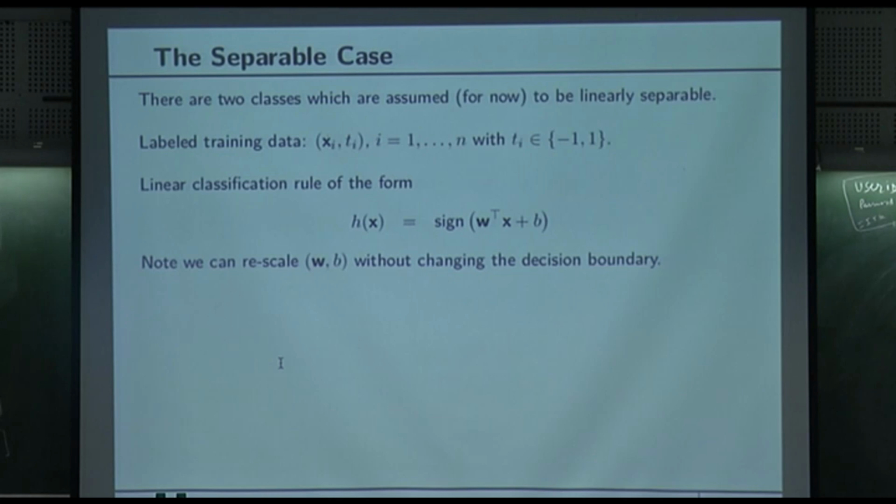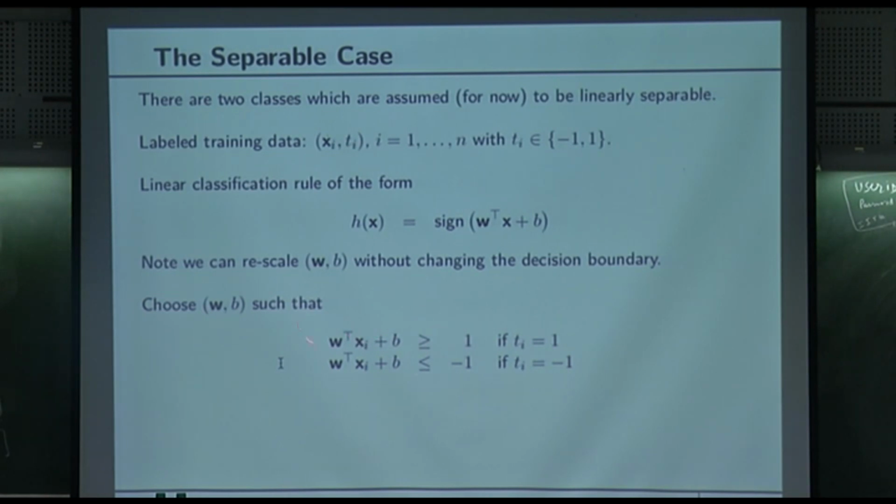So I'm going to choose a W and b such that W transpose xi plus b is greater than or equal to 1 for all points i for which the label ti is equal to +1. If this happens to be less than 1 for any one of them, just rescale it higher. And remember that rescaling by a positive number is not going to make any difference. And I'm going to assume that W transpose xi plus b is less than or equal to minus 1 for all ti equal to minus 1.